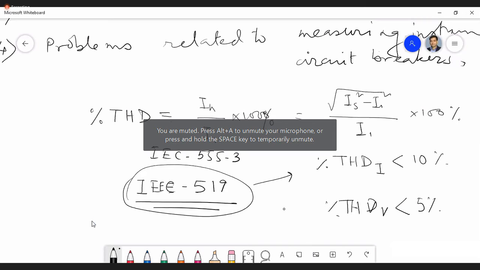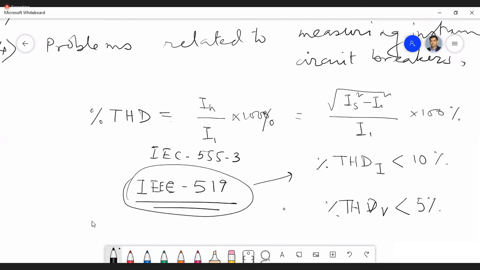Now there is another criterion which is called the individual component. That means suppose the third harmonic or fifth harmonic or seventh harmonic, how much percent should be there maximum? Some limitations are there for them also. Suppose for third harmonic maybe 3%, for fifth harmonic maybe 1%, like this.